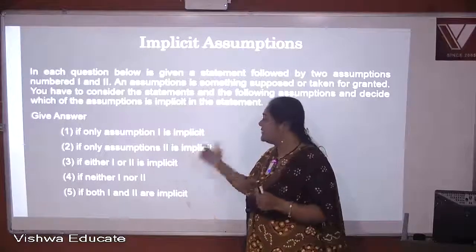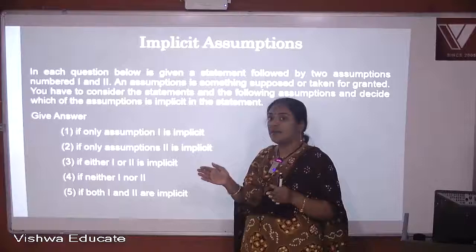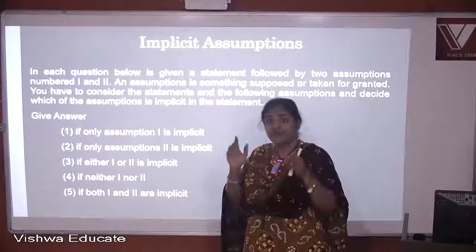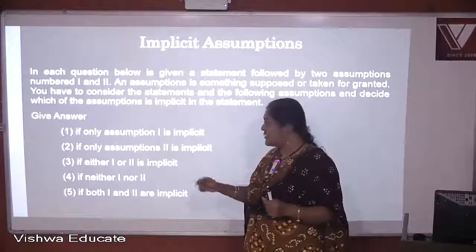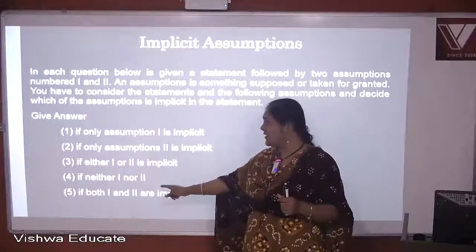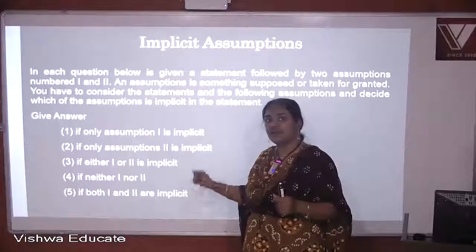Now, coming to the third option, if either 1 or 2 is implicit. This is another important one because most of the time students get confused between option 3 and option 5. Look at option 5: if both 1 and 2 are implicit.